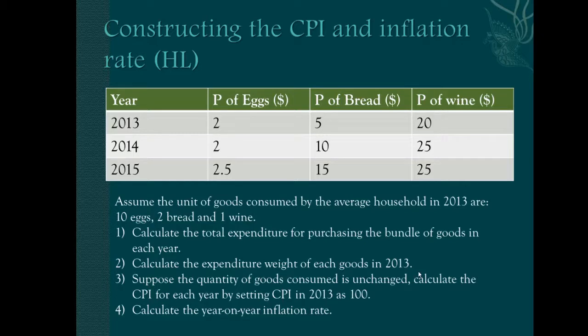But you have to ask yourself some questions. If you are calculating CPI like this, what do you think will happen if we change the items in the basket every year?